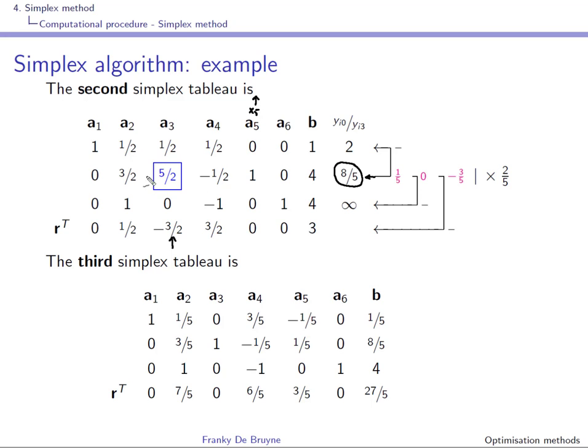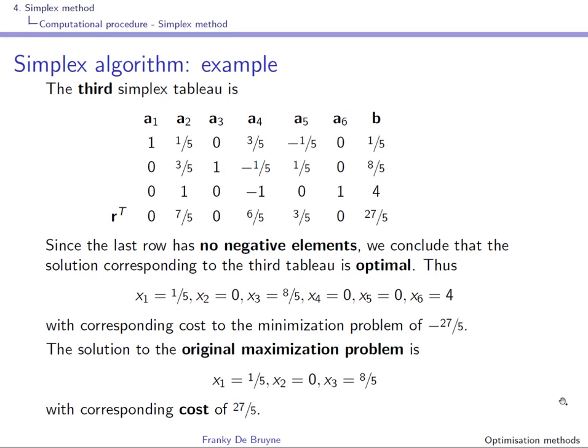This is the new pivot, and here are the associated elementary operations. If you do these elementary operations, you obtain this third simplex tableau, and you can see that it's also the last tableau. So the associated basic feasible solution is optimal.